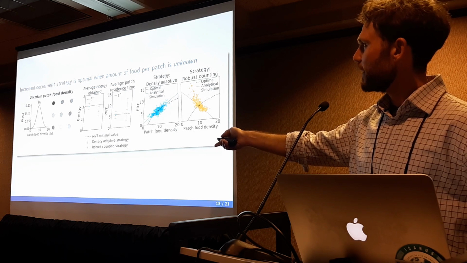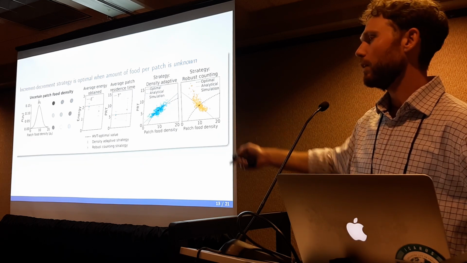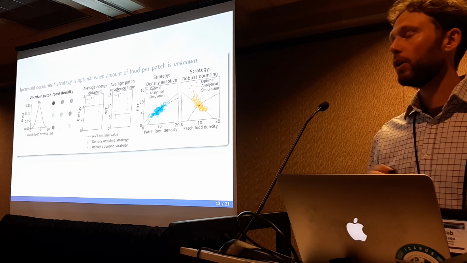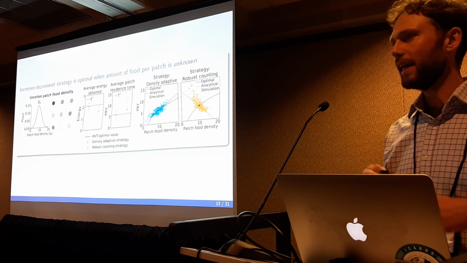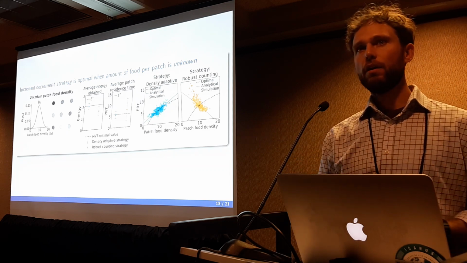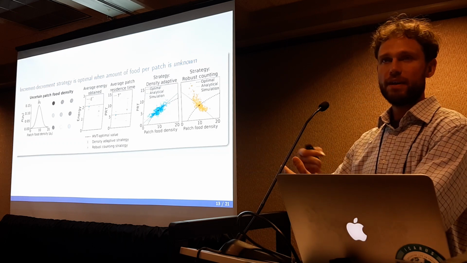This is the amount of time you're staying in the patch as a function of the patch food density. And so what the marginal value theorem predicts is this dotted line here, that you should stay in better patches longer. This is because it takes you longer to deplete them to the same rate.